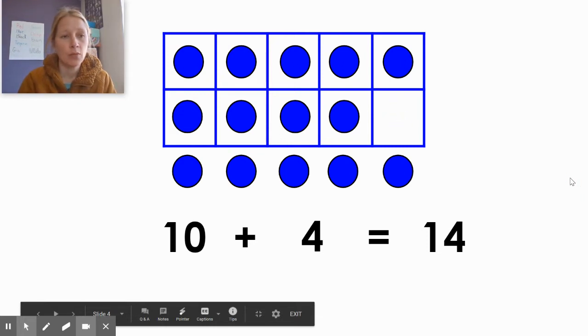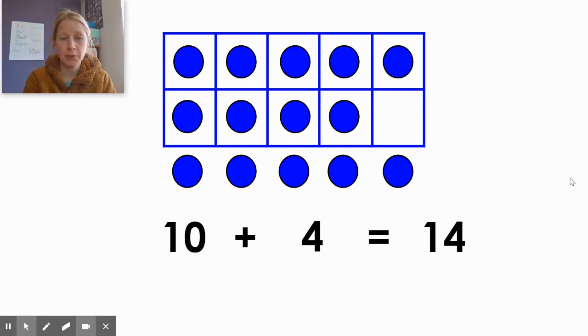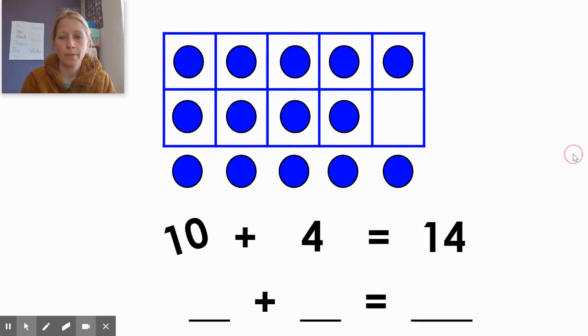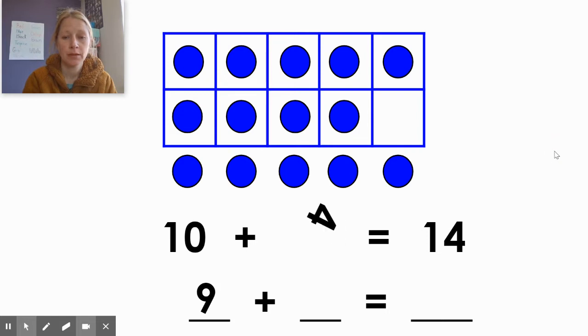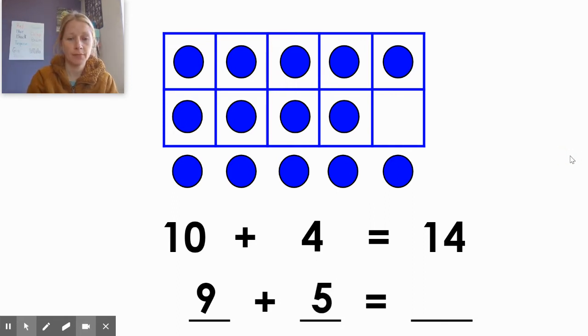Now I'm going to take one of my circles out of my frame and put it with my ones place. So I did have 10, right? Now I took one away, so I have 9. And I added the one that I took out of my 10 frame to my ones place to make 5, right? So I had 10 plus 4 equals 14.